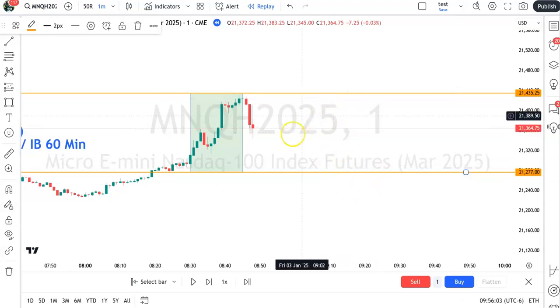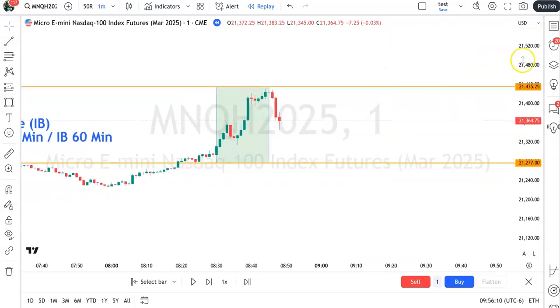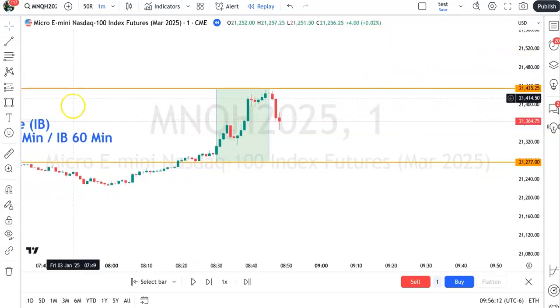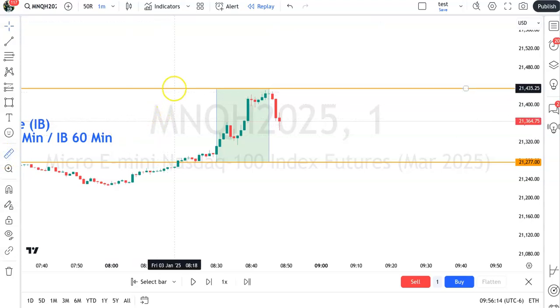Now I'm going slower. In real time, once you've done this a few times, you start to do this really quickly. And then I'm going to take my ruler tool and I'm going to measure. Believe it or not, it's very deceiving the way I have this chart laid out.